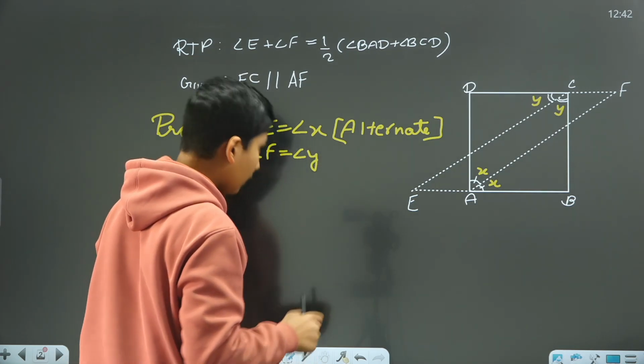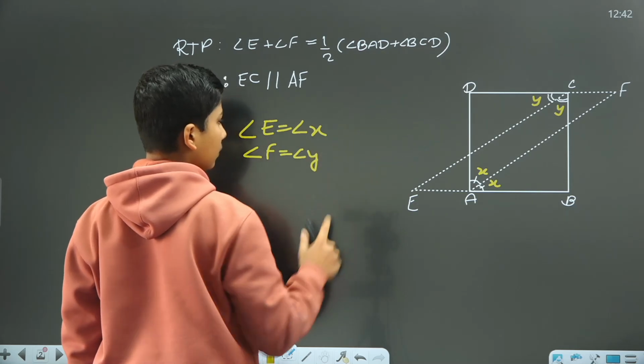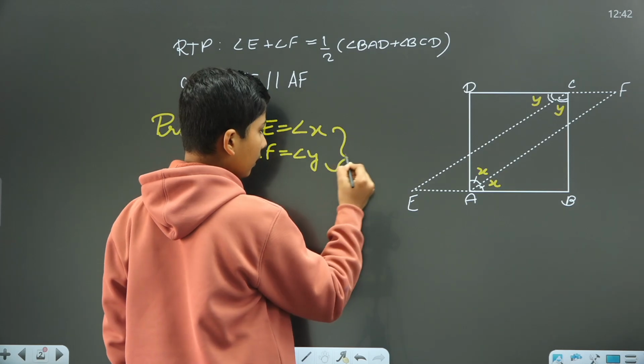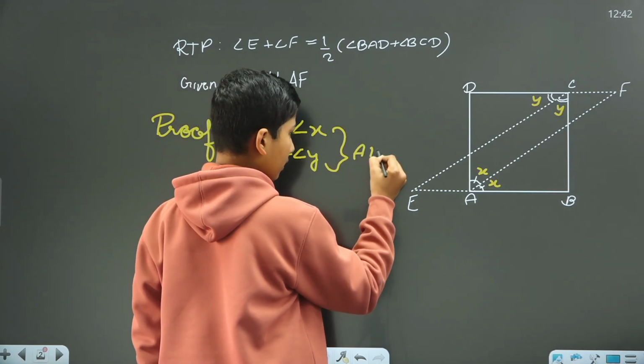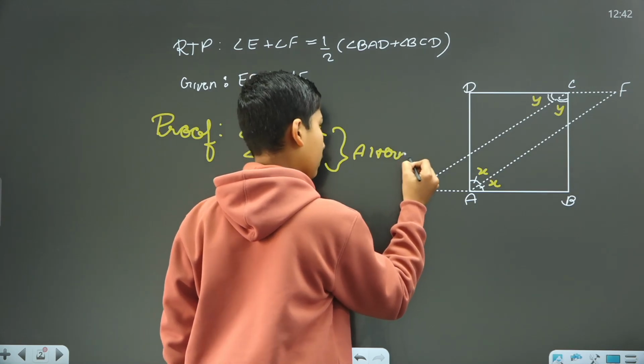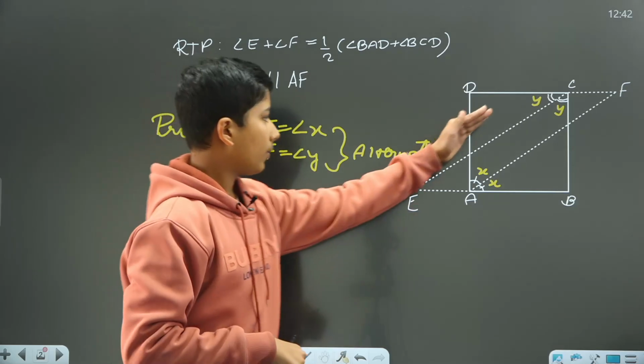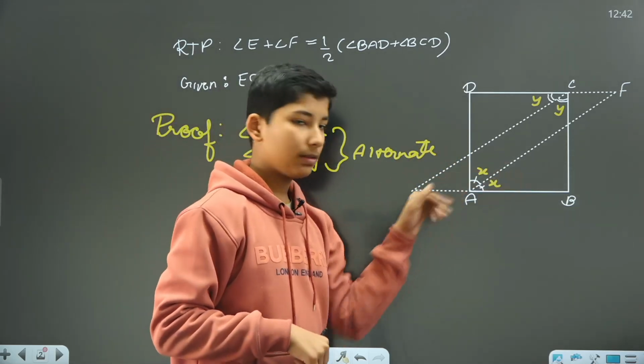Instead of this you can just do it like this, and here you will write alternate interior angles. Okay, because these two lines are parallel.